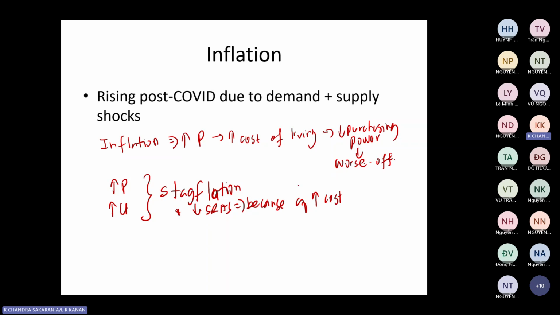So during COVID, is there any increase in the costs? Production cost, is it increasing? Why? And you provide evidence. This one is during COVID, this one is post-COVID.